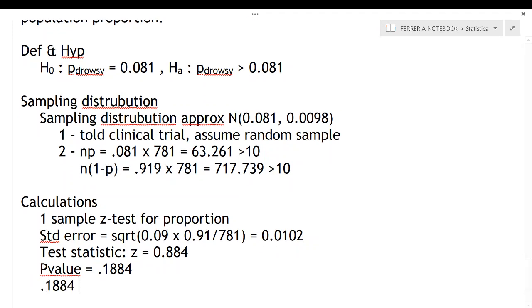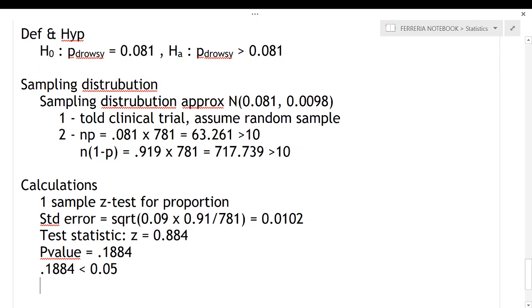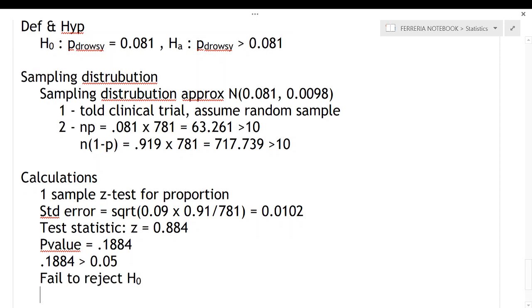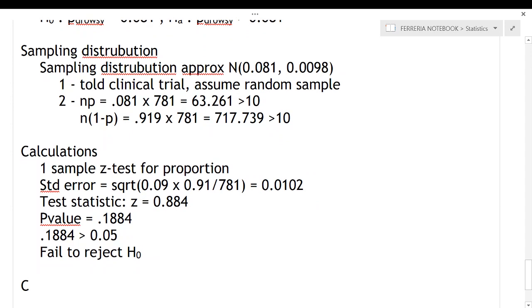Do we have an alpha level? It doesn't say anything, so let's assume that's 0.05. Is it smaller? No, it's not smaller. That's greater, isn't it? Reject, fail to reject. Fail to reject H naught. Okay, conclusion.